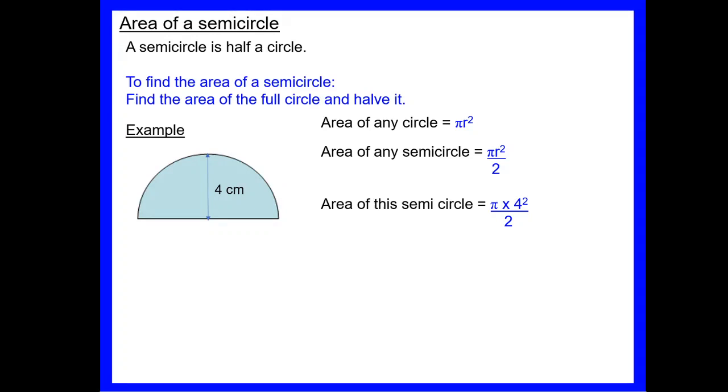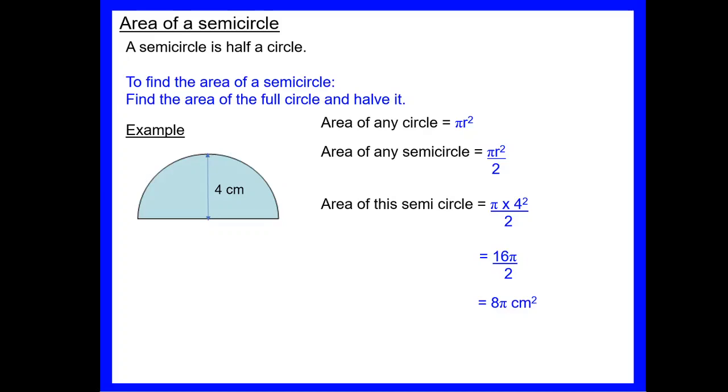We can put that into our calculator in one go, or you can do the top line and then divide that answer by 2 separately if you want to. If we work out just the top line, 4 squared is 16, we get 16 pi. If we do 16 divided by 2, we get 8 pi centimeters squared.